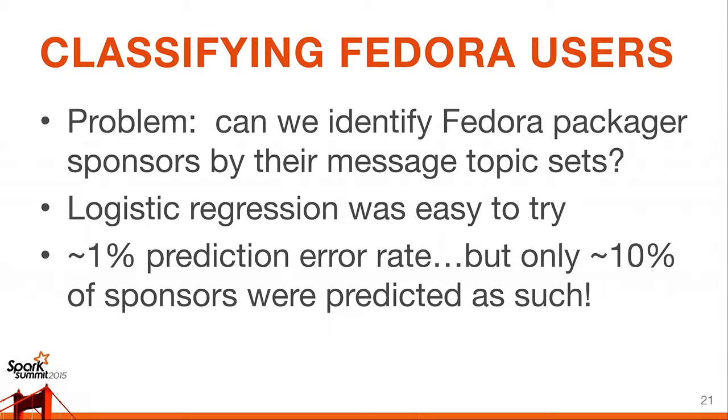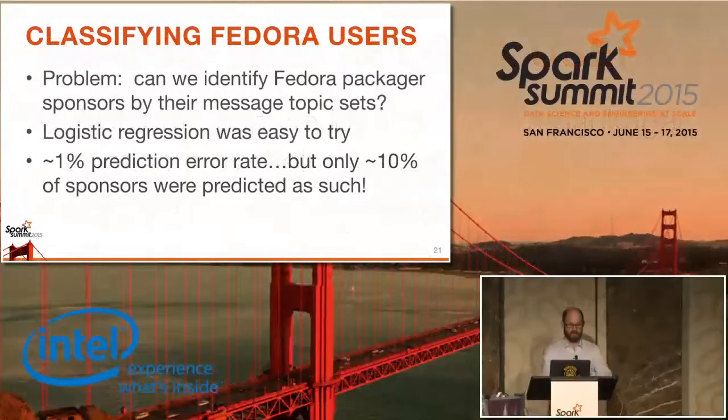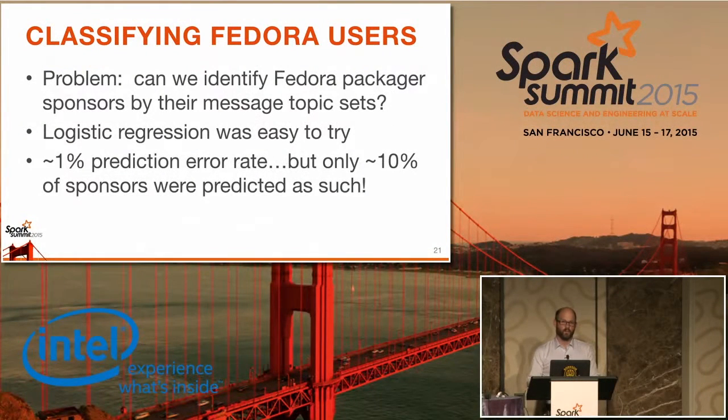So looking at an actual problem, now that we have these featurized users with topic sets, can we say which of the users has a topic set that makes them likely to be a Fedora packager sponsor? A Fedora packager sponsor is someone who's responsible for mentoring new packagers to the Fedora project. Because there is actually a logistic regression implementation for machine learning pipelines, this was an easy classifier to try.